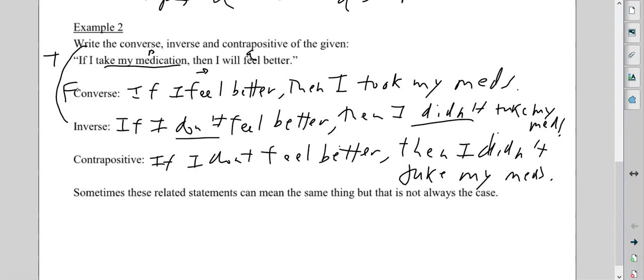Okay? If I don't feel better, okay, so if I am worse, then I didn't take my meds. Not necessarily. You could take your meds and they just not work one day.